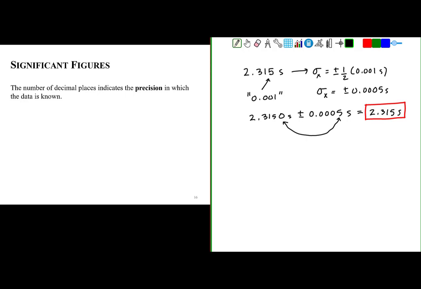For this number, 2.315 seconds, since it goes out to the thousandths place, we have a certain amount of precision there versus a number that was only going to the hundredths place. We have less precision in that number. So the number of decimal places really tells us how precise we're doing our measurements.